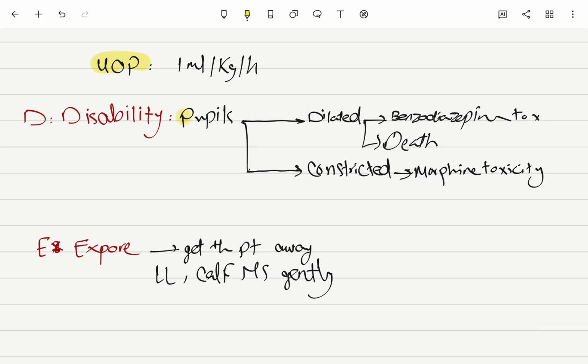Disability, I will look at the pupil. If it is dilated, it may indicate benzodiazepine toxicity or death, and if it is constricted, it may indicate morphine toxicity. Exposure, I will get the patient away from the site of exposure, and I will check the lower limbs and calf muscles gently.